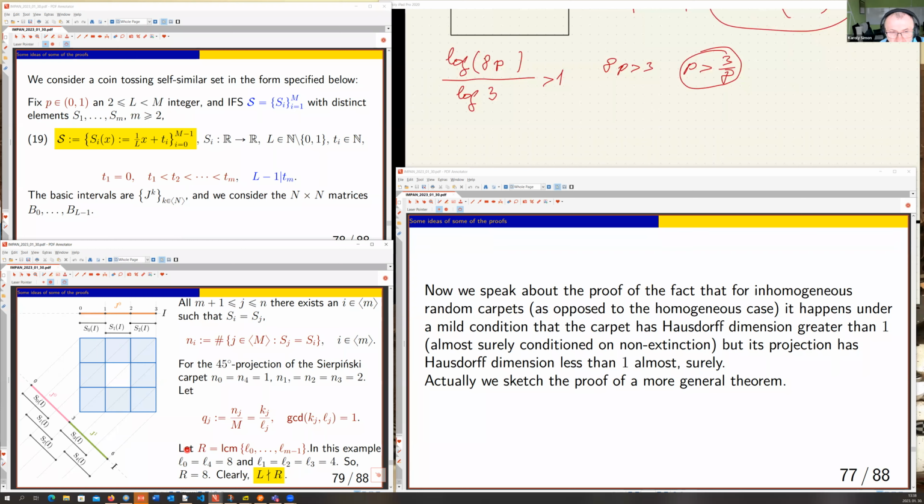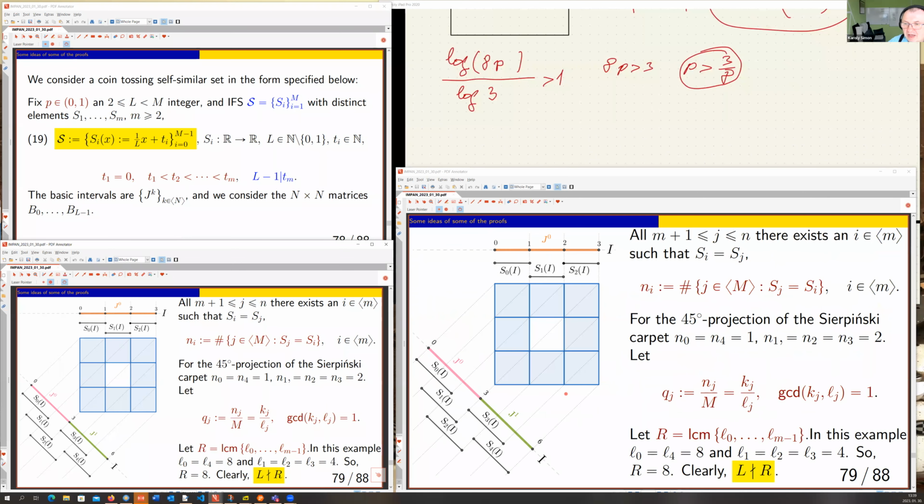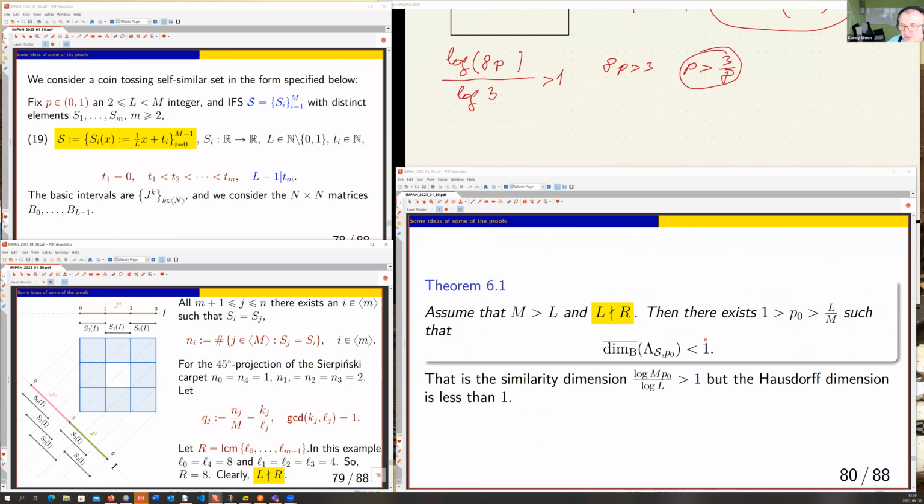And the condition is that here L is the reciprocal of the contraction, and this happens. So L does not divide R in our case 8, so it happens. So this is the assumption in this special case.